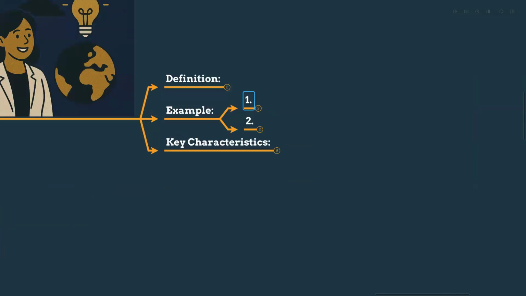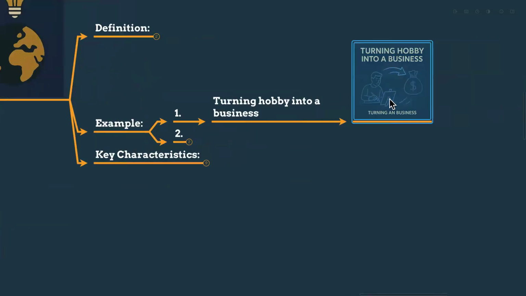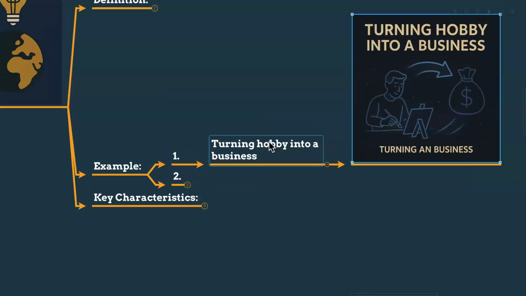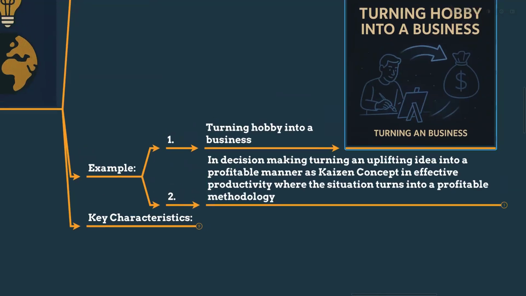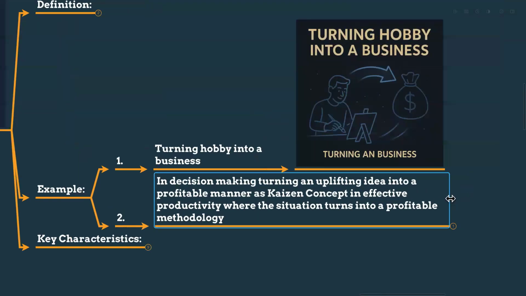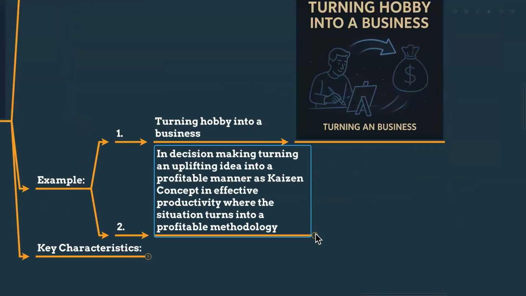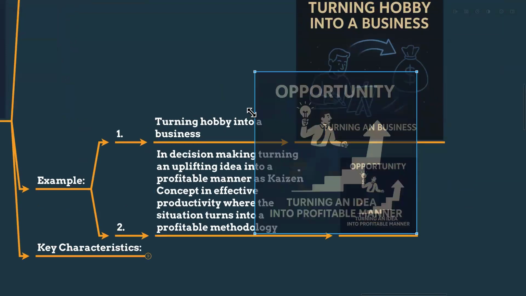That is an opportunity. For example, turning a hobby into a business, that's an opportunity, right? You know very well about graphic designing, and you are turning that into a business opportunity.